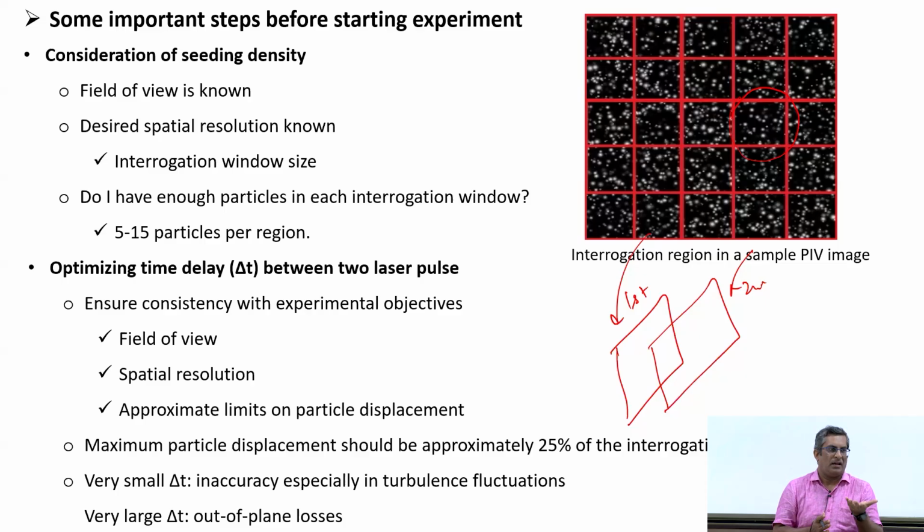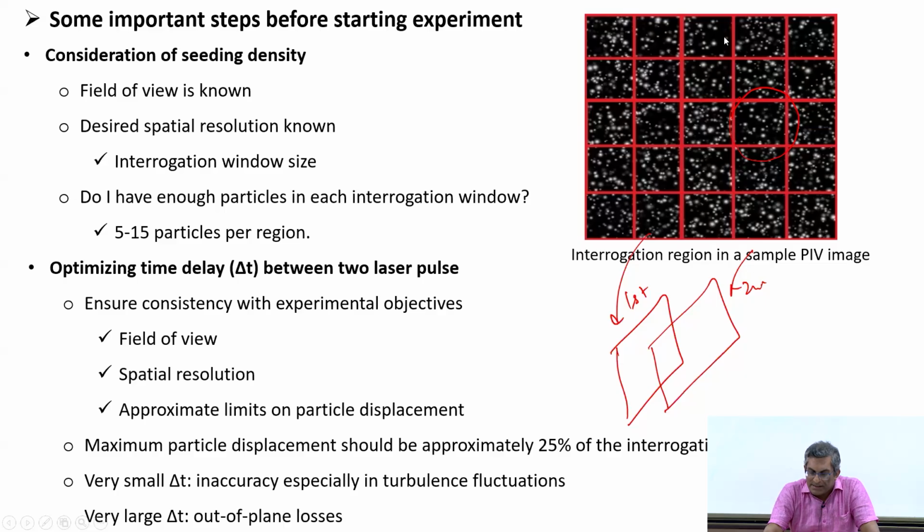Otherwise it will not pick up that position, as I will show later. Because here we are tracking groups of particles, we have to make sure that at least 5 to 15 particles are present in each interrogation window.